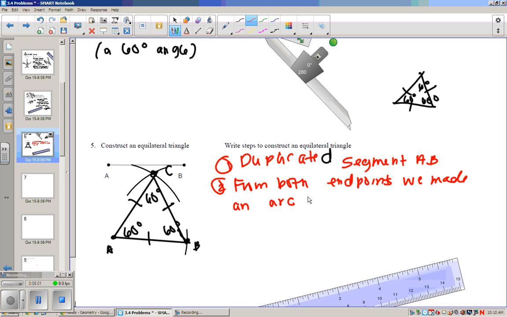And remember that arc had to be the same distance as segment AB, so we got all three sides equal. And lastly, once we got the intersection, we connected all our points together.